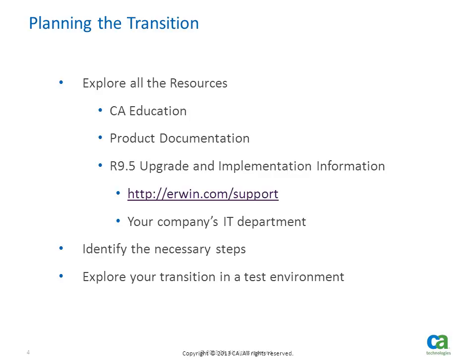We have r9.5 upgrade and implementation information on the ERwin.com support website. You want to check with your company's IT department. You want to identify the necessary steps for the transition. And then you want to explore your transition in the test environment beforehand.